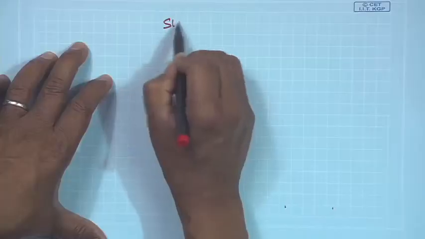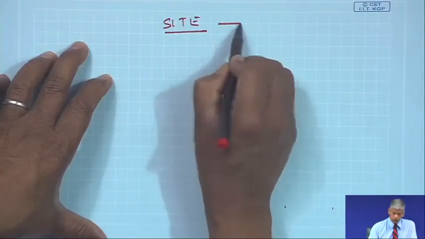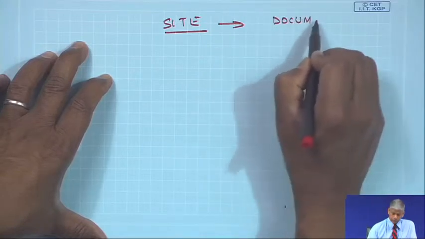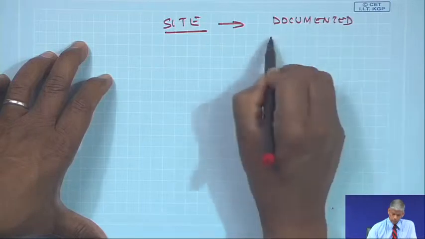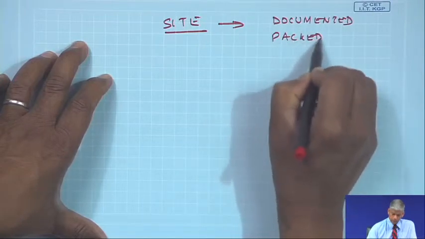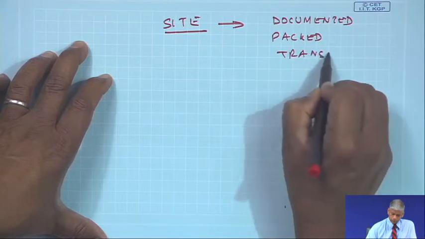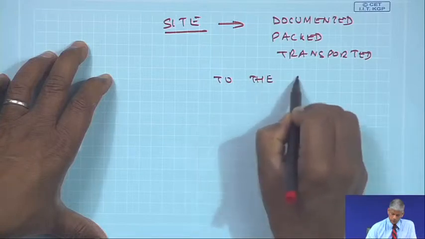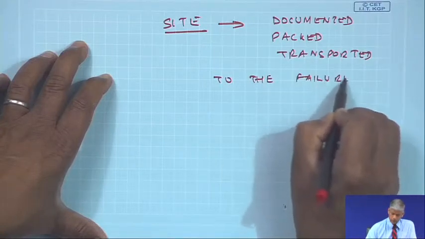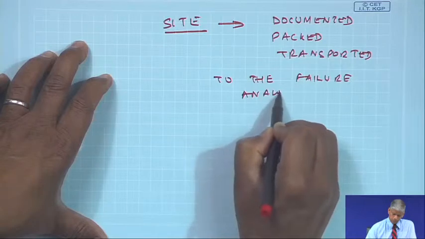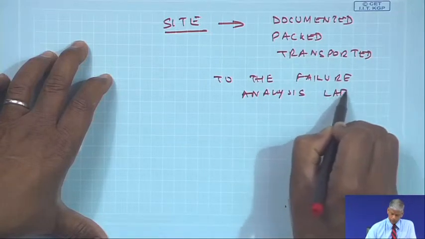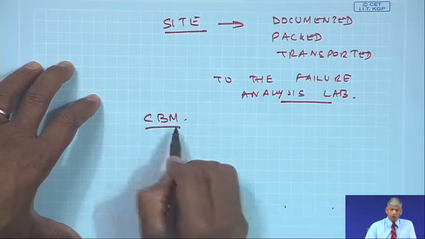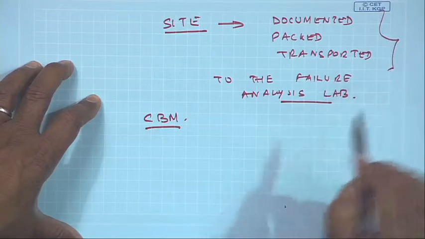So, today a lot of such techniques and machines are used to find out all these properties, but the question is, from a site, these components need to be nicely documented, packed and transported to the failure analysis lab. Sometimes the CBM engineer may not be well versed with the technique, but at least he can do this.